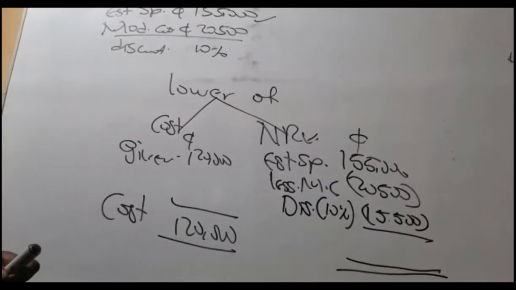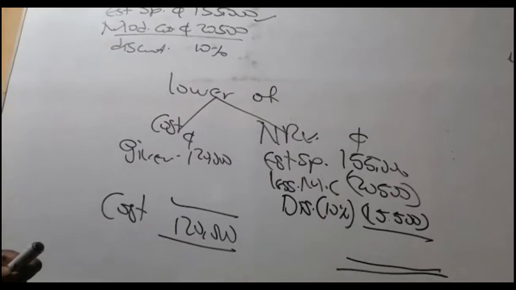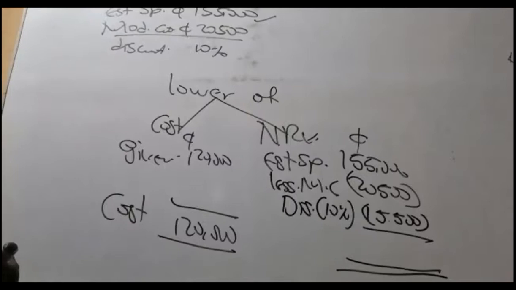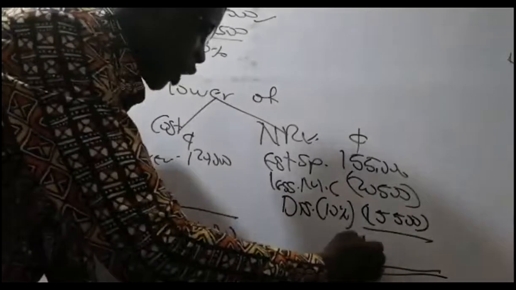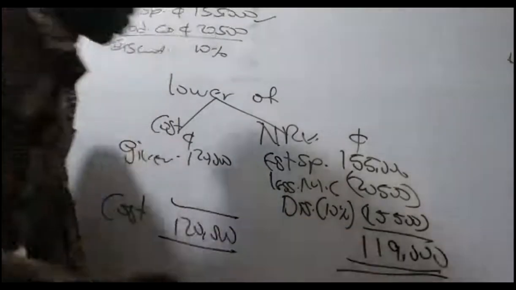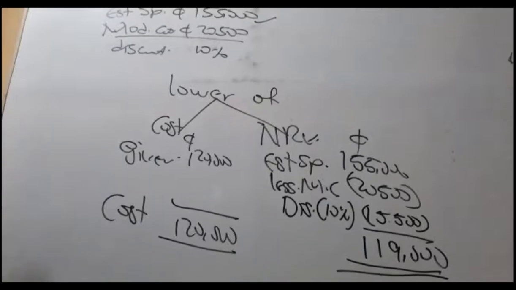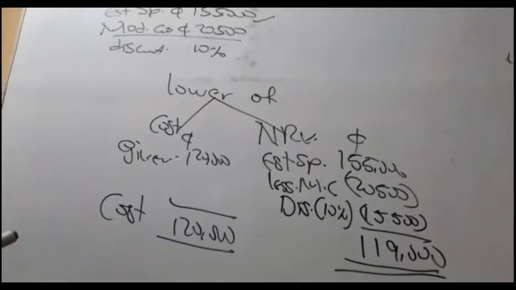So 155 plus 20.5 plus 15.5, hey, what am I calculating? Getting something else. 155 less 20.5, less 15.5 again. That's 119,000.